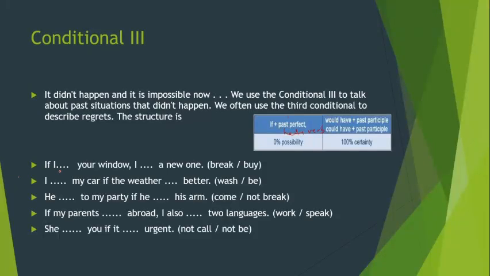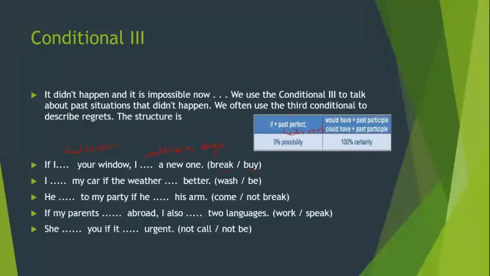We were given two options here, break and buy. If I had broken your window, I would have bought a new one.